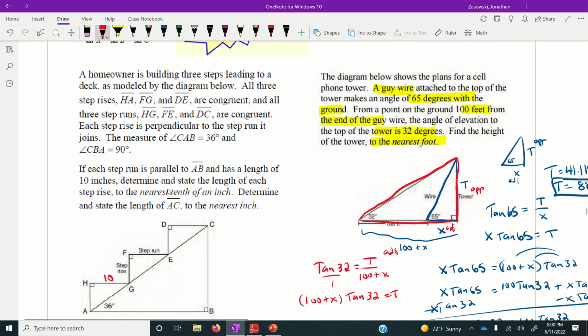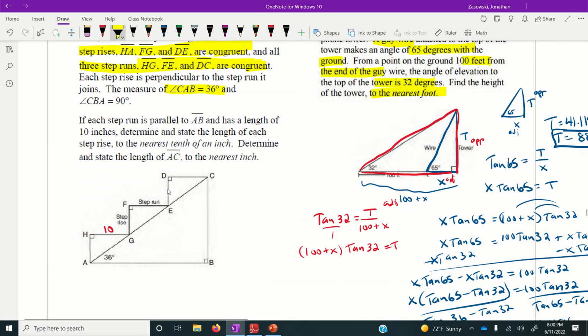So a few things we know. We know, okay, that the step runs are congruent and the step rises are congruent. That's important, okay? So they give us the measure of CAB, which is 36. So far, so good. And CBA is 90. Now, if these are all congruent, that means all the runs are going to be 10. And so this bottom side has to be 30.